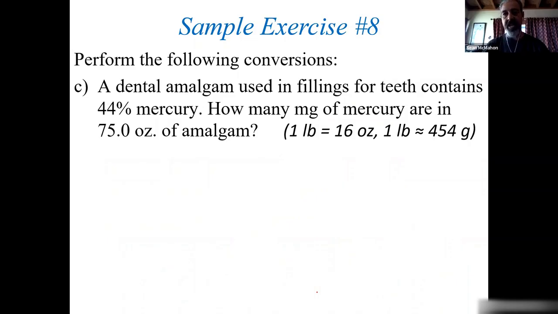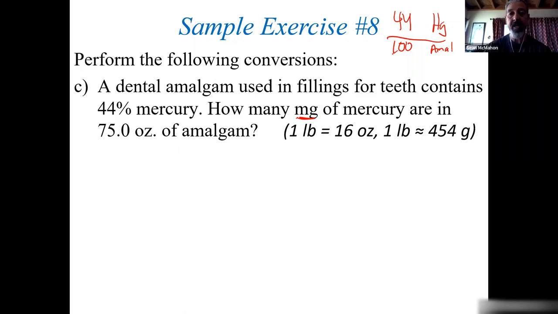So here's kind of a big challenge. Perform the following conversions. A dental amalgam used in fillings for teeth contains 44% mercury. It's probably by mass, so 44% mercury by mass to 100 of the amalgam.